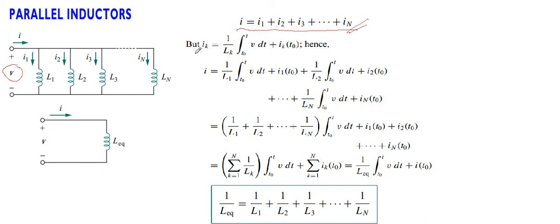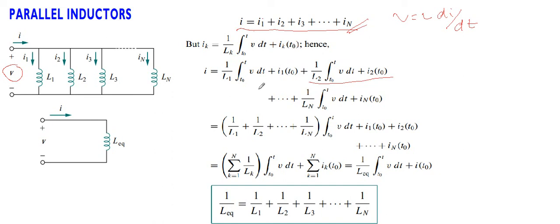And also, we have this relationship between the current and our voltage. This is taken from V equal to L di over dt. So, we do the little separation, which is derived. So, now we have this series of equations. What we did is, this equation was replaced with this, and the same goes for the others.